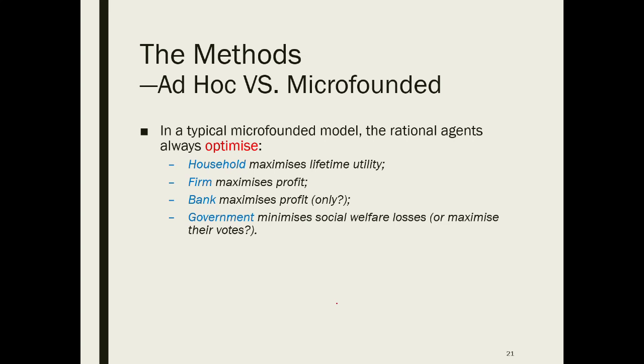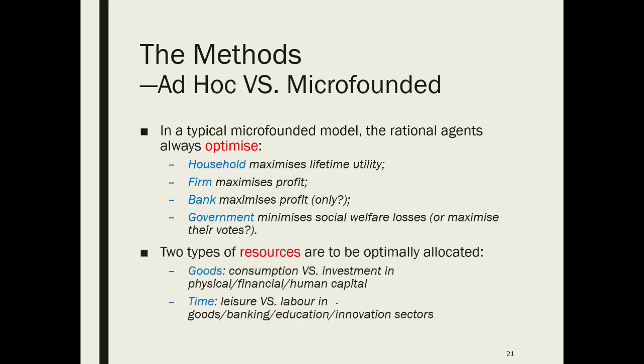Essentially, optimization behavior of individuals is to efficiently allocate two economic resources. The first one is goods. Goods are to be spent smartly to balance today's consumption and tomorrow's investment. And the second is time. Time is to be spent also smartly to balance leisure and labor.